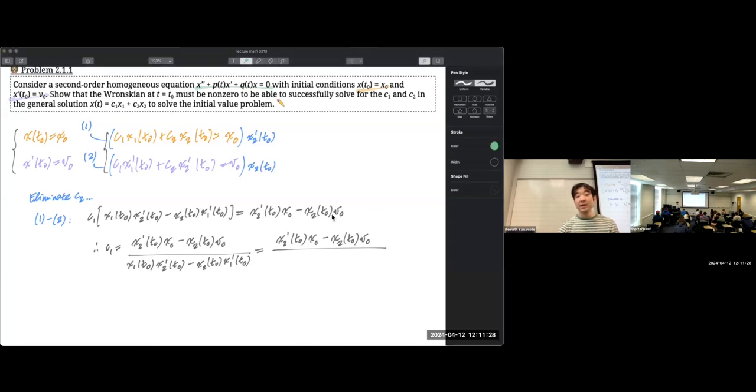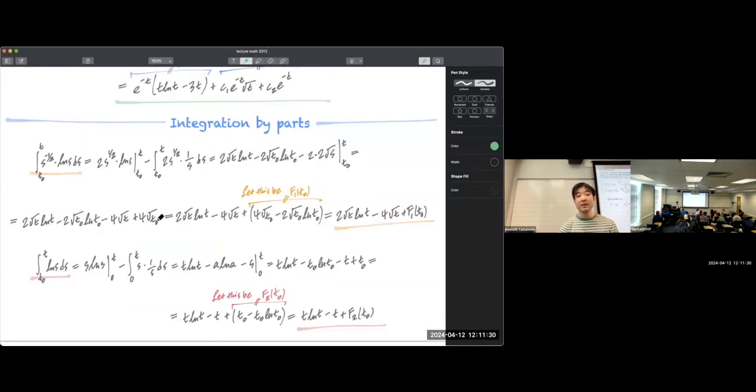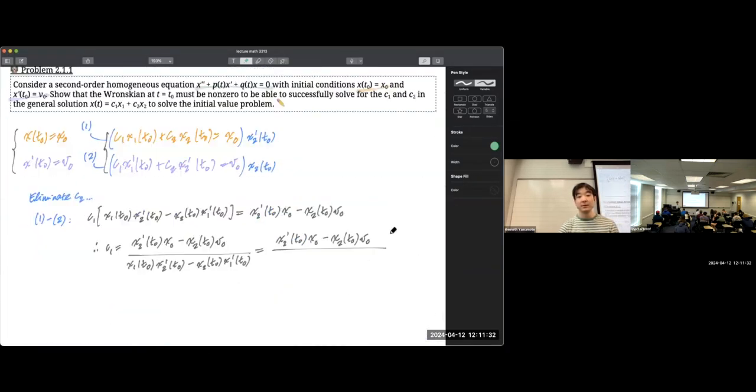I'm going to write the coefficient matrix, so maybe I'll just grab it. If you were to use variation of parameters, this would have been this. If you took the determinant of this, what would you get?